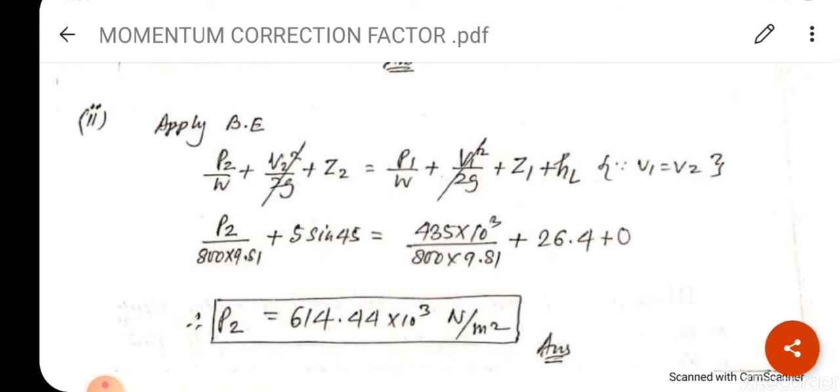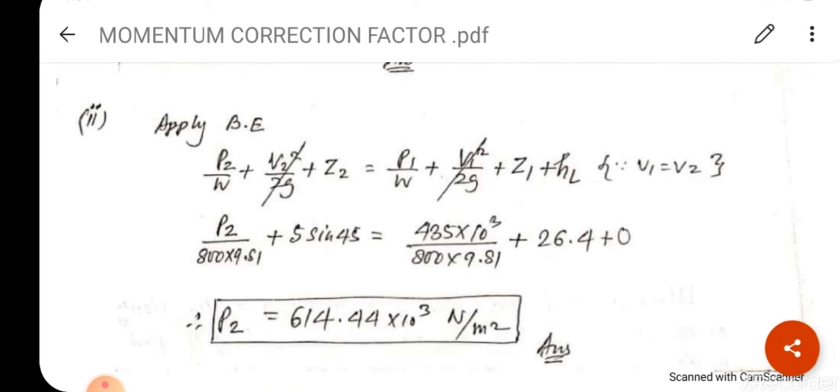So here I am using Bernoulli's equation for finding pressure P2 when the pressure 435 kilonewton per meter square is constant. Applying Bernoulli's equation, we get P2 by W plus V2 square upon 2G plus Z2 is equal to P1 by W plus V1 square upon 2G plus Z1 plus HL. Because V1 is equal to V2, the term V1 square upon 2G will be cancelled out.